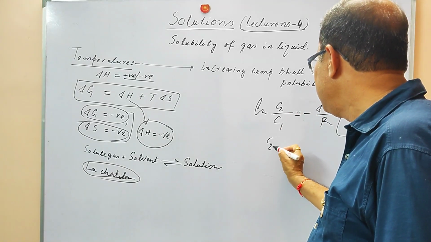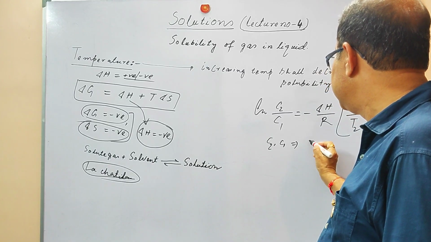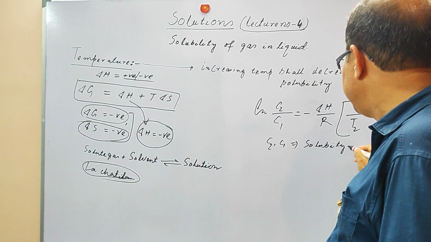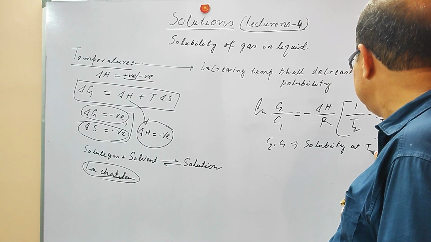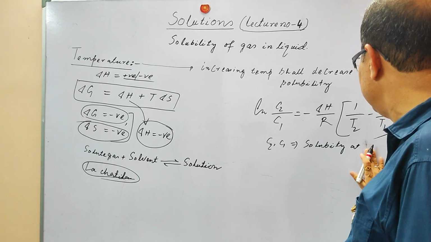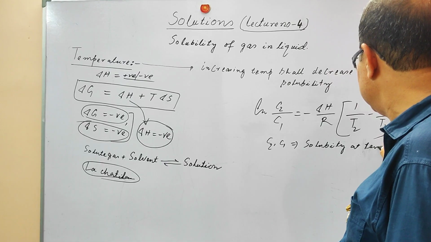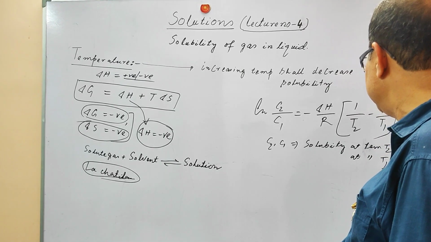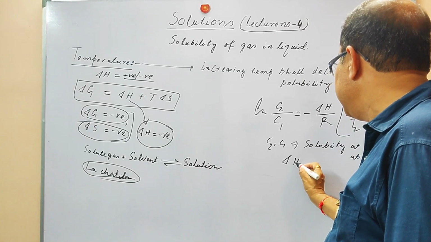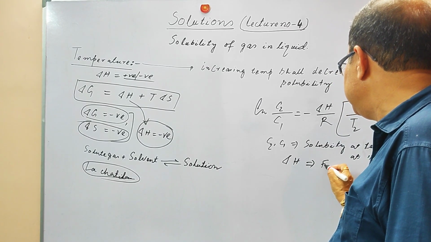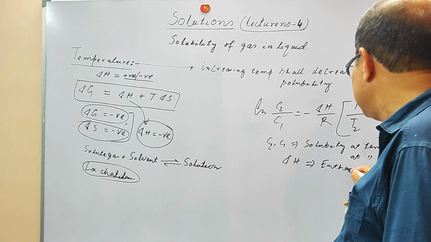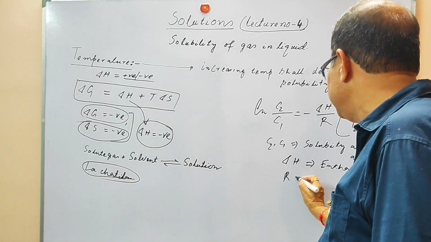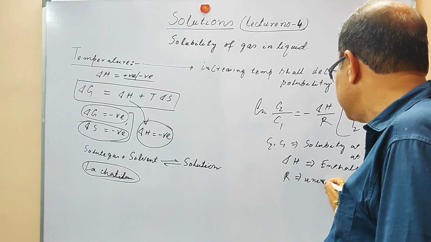Here C2 and C1 are the solubility, or you can say the concentration, at temperature T2 and at temperature T1, delta H is the enthalpy change and R is the universal gas constant.